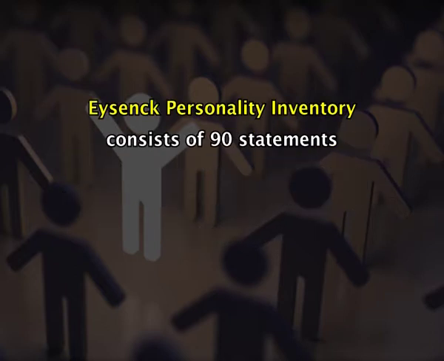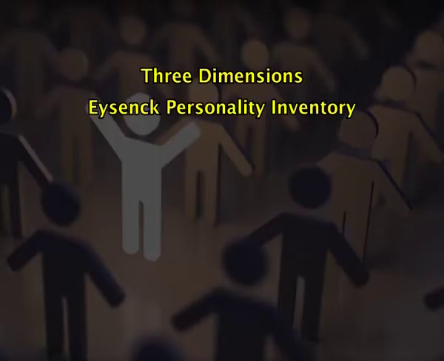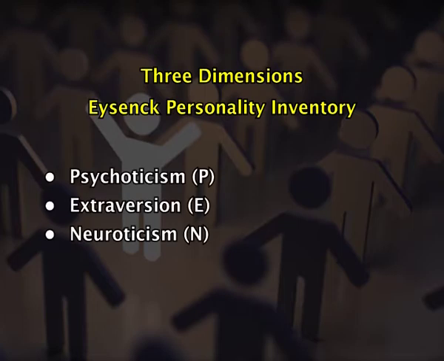It consists of 90 statements to be answered in terms of yes or no. Initially, Eysenck identified only 2 dimensions of personality, but later on, a third dimension was included in it. Now, the inventory has 3 dimensions: psychoticism or P, extroversion or E, and neuroticism or N. Let's briefly define all 3 of them.